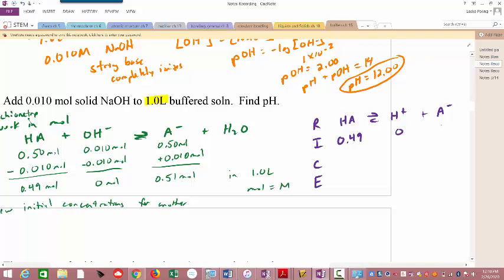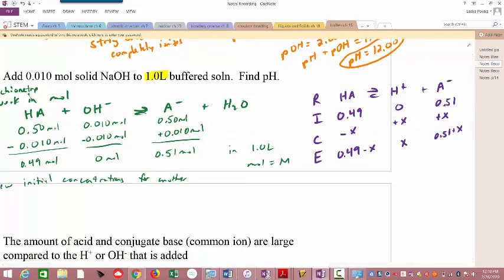Our H is 0. 0.51 for our A minus. We still have a minus x. We still have a plus x. We still have a plus x. So we have 0.49 minus x. We have x. We have 0.51 plus x.